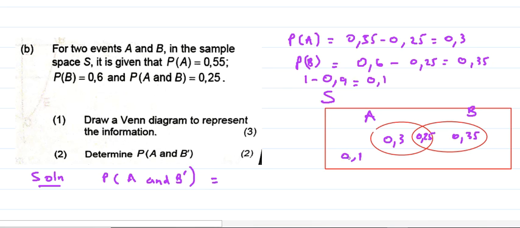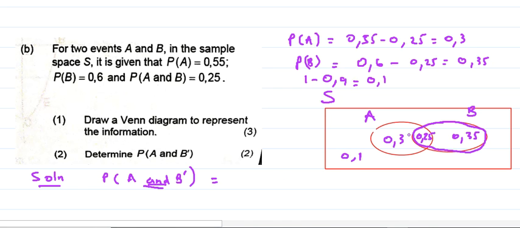Now if you look at this question, probability of A and B complement, because we've got the intersection here, we have to exclude all this probability from our answer.